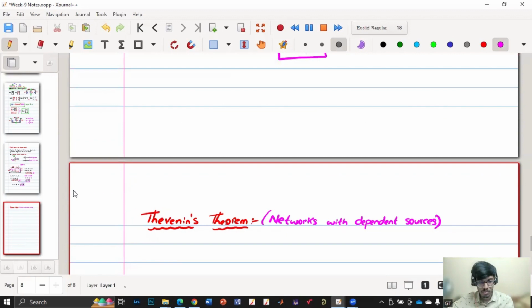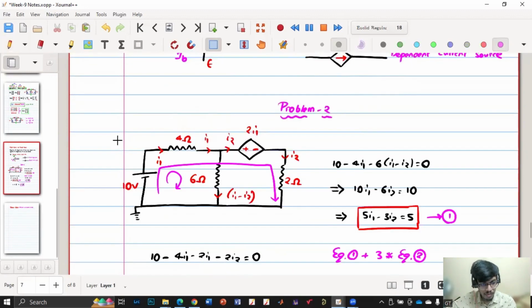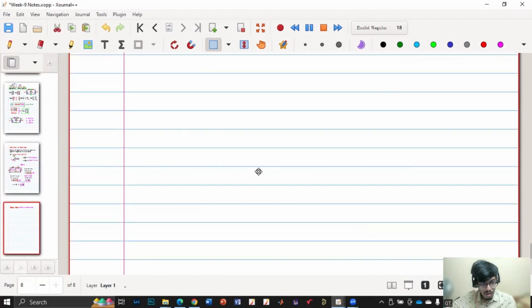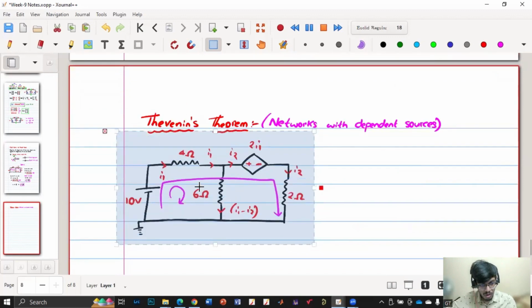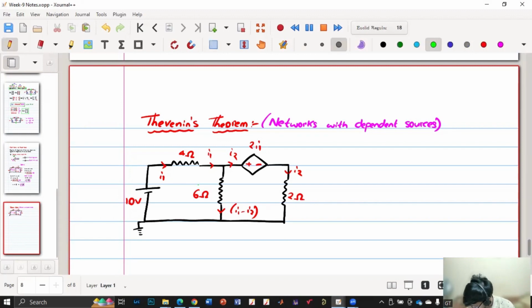We'll consider the same example. So this is the example. Say we need to apply Thevenin's theorem for this 2 ohm.